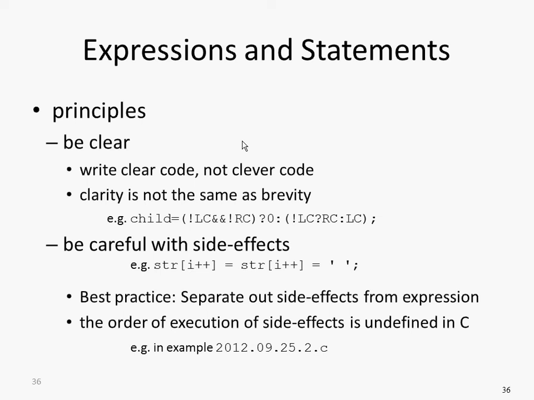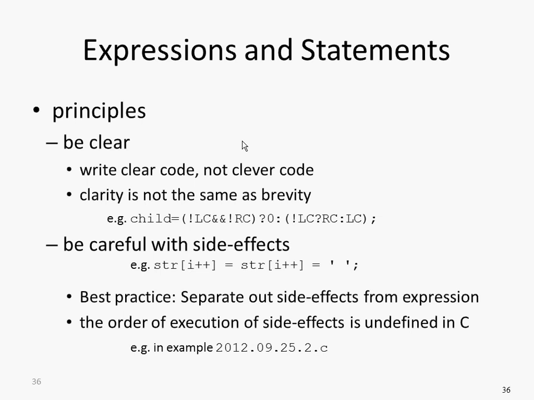But you can have a single expression with multiple side effects, like i here. You don't know which occurs first and which later. The best practice is to separate the side effects from the expression. Don't litter these so-called plus pluses or plus equals all through your code, even though you can, because the order of execution is not clear.